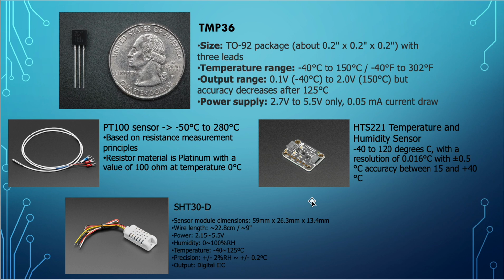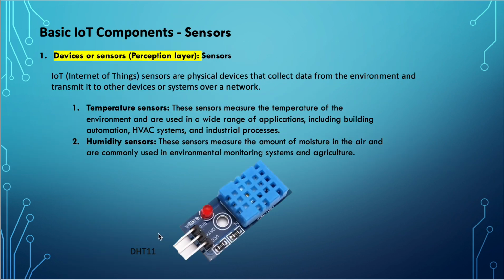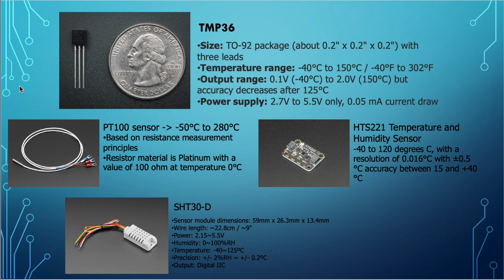When you say a temperature sensor, there will be multiple temperature sensors available in the market, right? These sensors for humidity and temperature are basic sensors. When coming to industrial applications, where over 1000 degrees Celsius needs to be measured, these sensors cannot even be used.